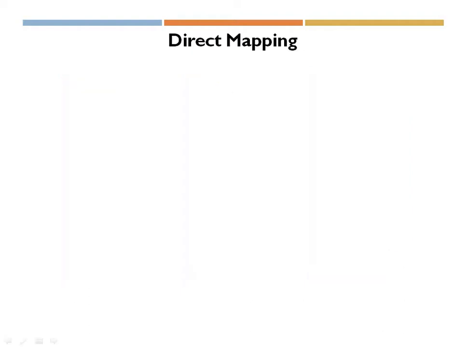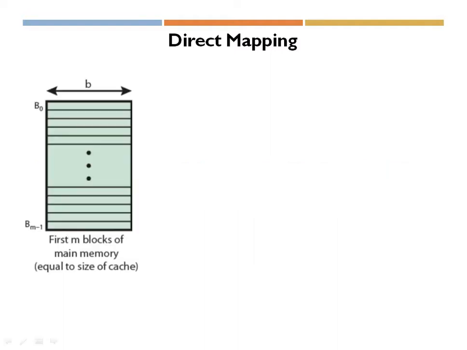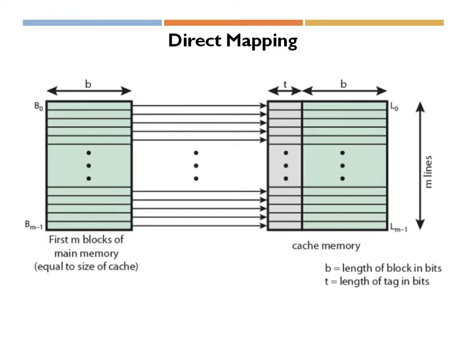So let's start with the very first one, which is direct mapping. Direct mapping says that it will assign each memory block to a specific line in the cache. So there will be a one-to-one mapping. Let's say this is my main memory, which has m blocks, equal to the size of my cache. The sections that you can see here are my blocks of memory. Now these will be mapped one-on-one to the lines present in my cache, which is going to have m lines.